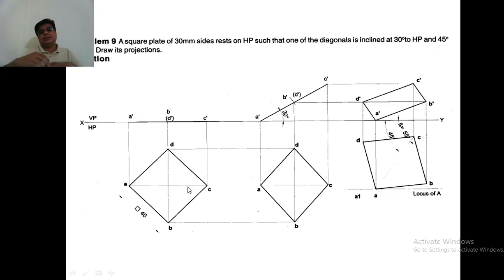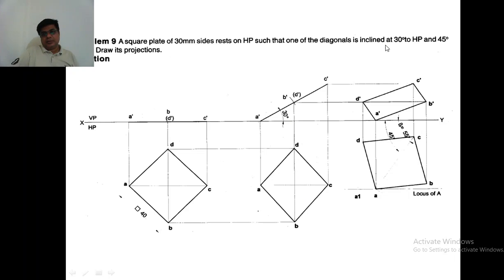So diagonal is an imaginary line on the surface. Instead of saying the surface is inclined 30 degree to HP, he is telling that the diagonal is inclined. So both are same. So now you make this surface 30 degree to HP. When you incline the surface, the diagonal also will be inclined at 30 degree to HP. So it is same now.